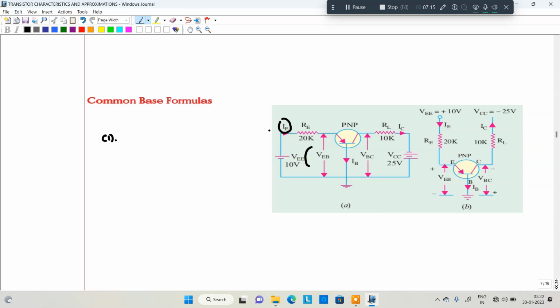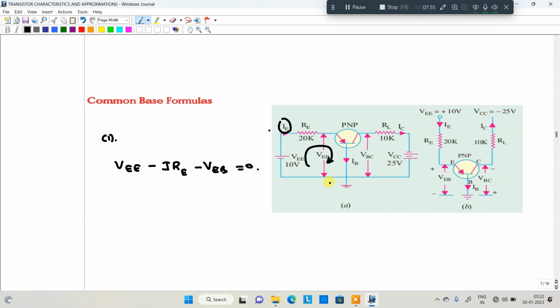I can apply the KVL in this particular loop. So that value will be negative to positive, right? So VEE, next here minus IE RE minus VEB is equal to 0.